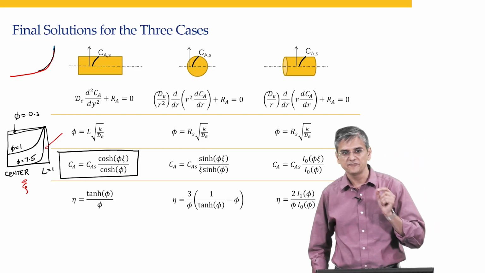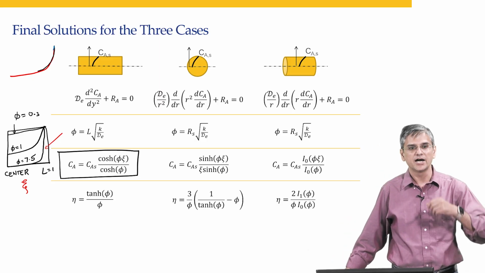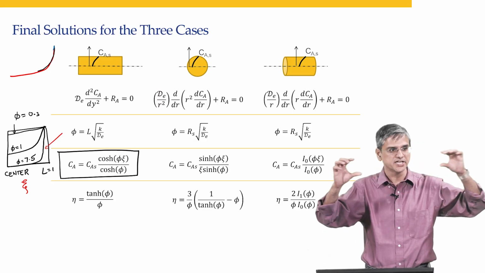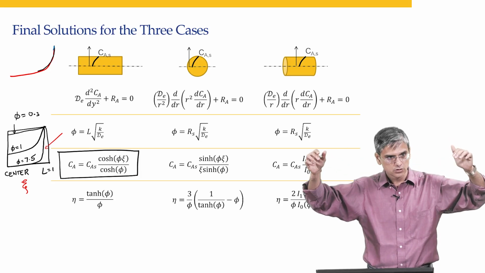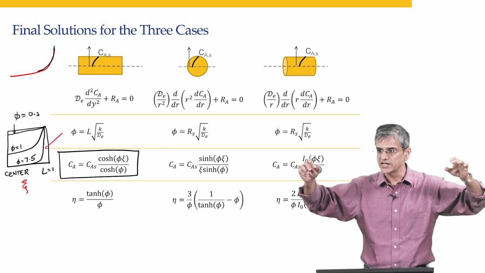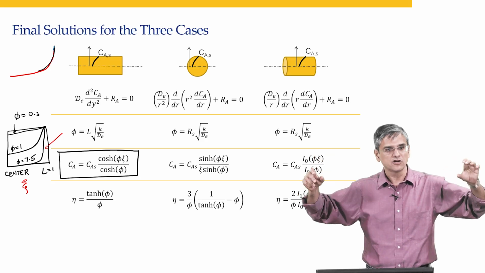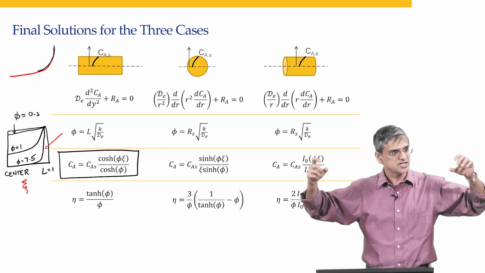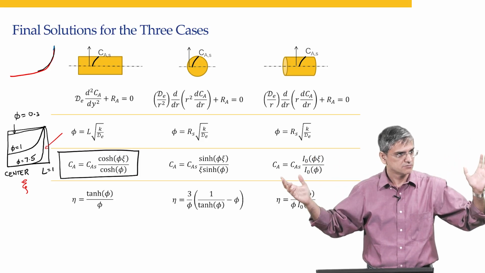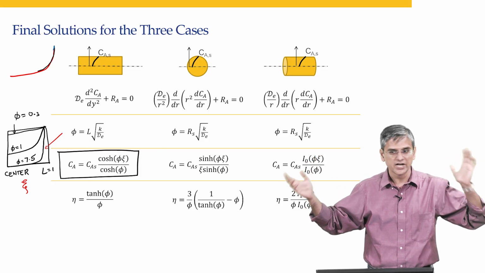The same effect you will get by reducing your catalyst pellet by a factor of 2, you will get the same effect if you reduce the rate of reaction by a factor of 4 or if you increase the rate of diffusion by a factor of 4. It will be the same effect.